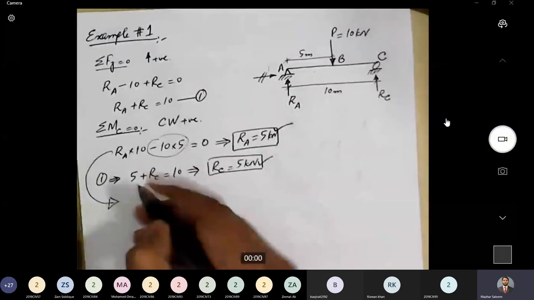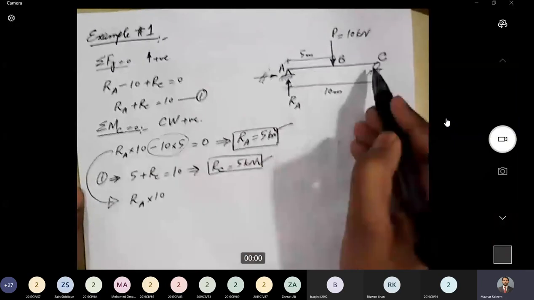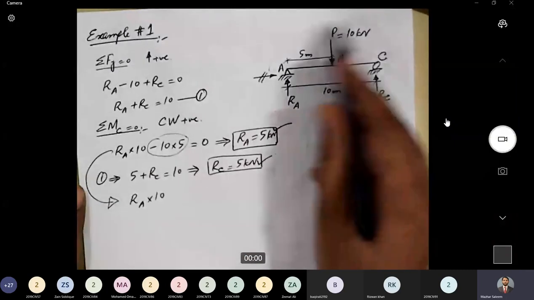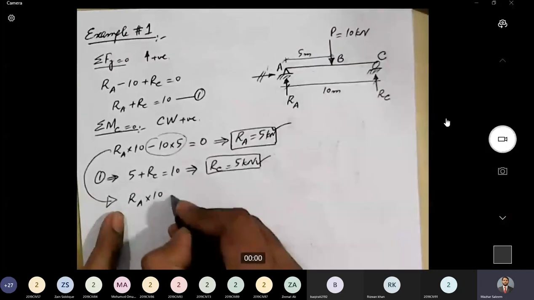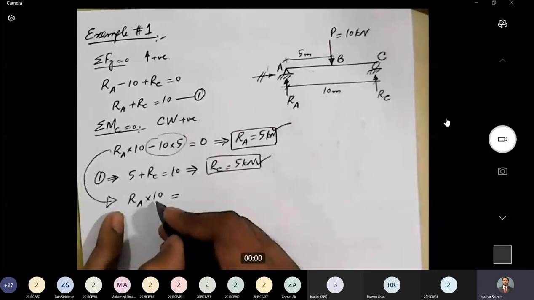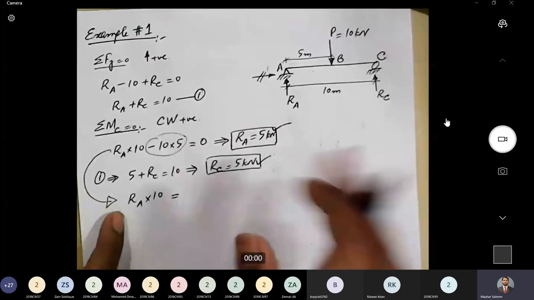For example, we can also write it that RA into 10. Now in this problem, RA into 10 is clockwise movement, and there is no other clockwise movement, so the left hand side of the equation is complete. And now I will write down all the counterclockwise movement on the right side.